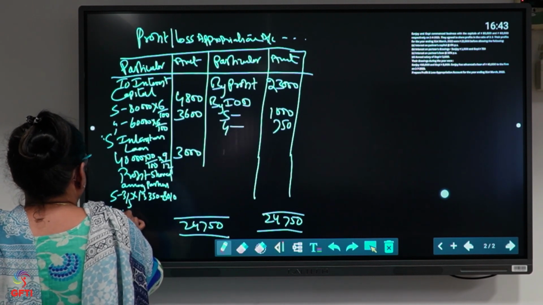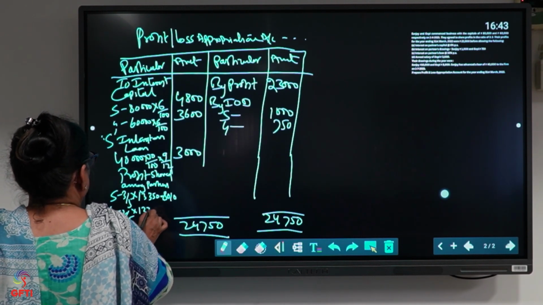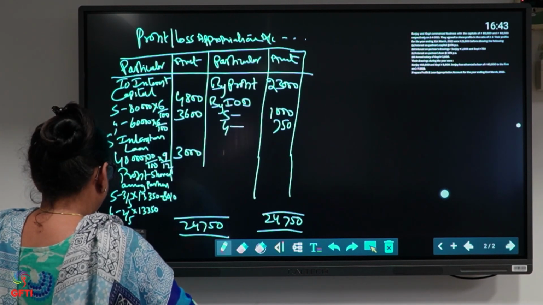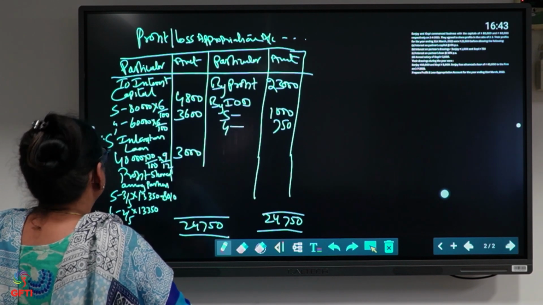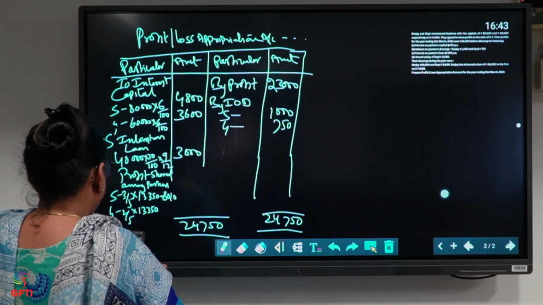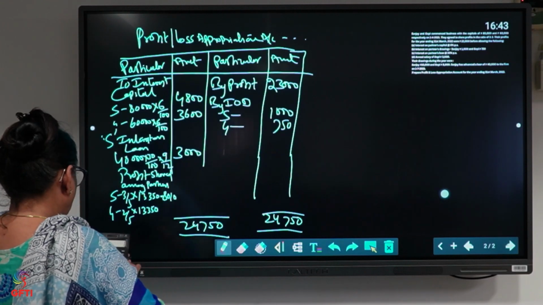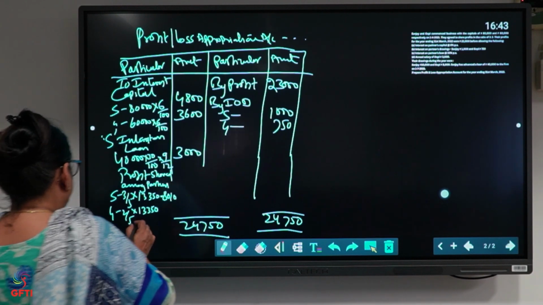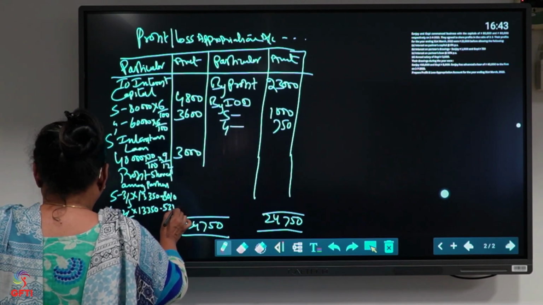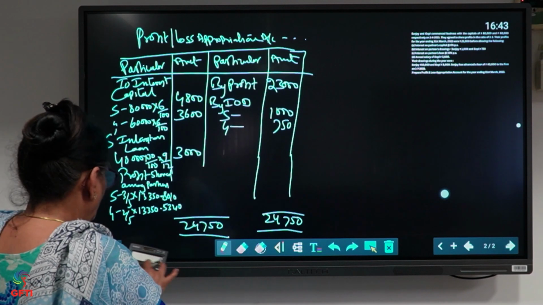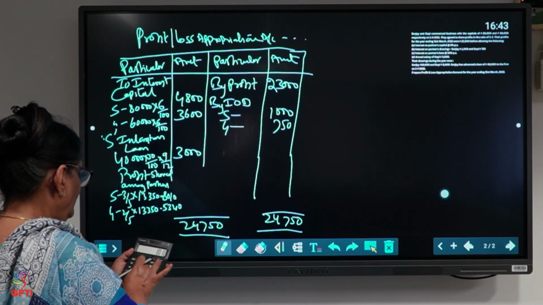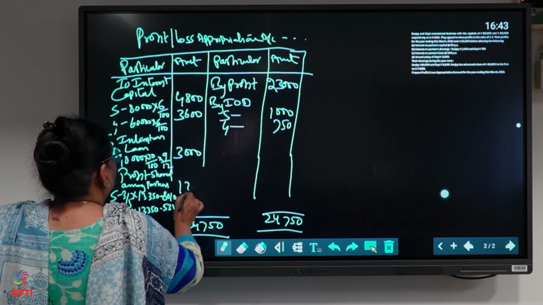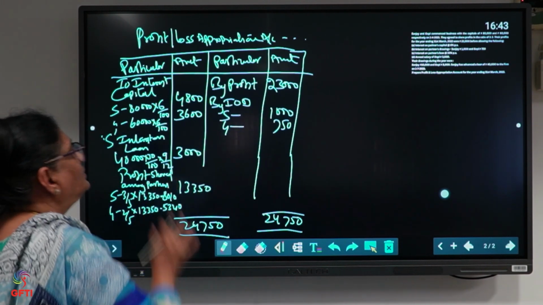Then 2 by 5 into 13,350: 13,350 divided by 5 multiplied by 2 gives 5,340. So 8,010 plus 5,340 you get 13,350. Clear? This was your appropriation.